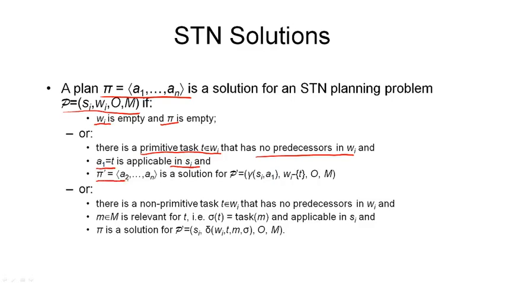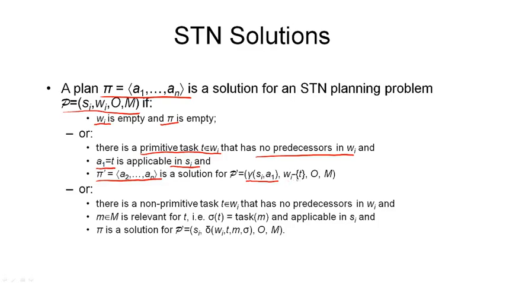If the modified plan, pi dash, consisting of the actions A2 through An, so that's all the actions apart from the first one, is a solution for a modified planning problem. This modified planning problem simply starts with a different initial state, namely the state that we get after applying the action A1 in our previous initial state. So we take the successor of our initial state given our action A1 as our new initial state in our new planning problem.